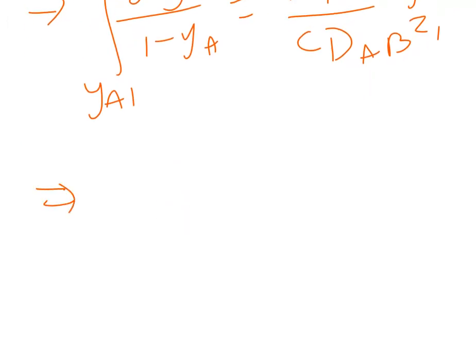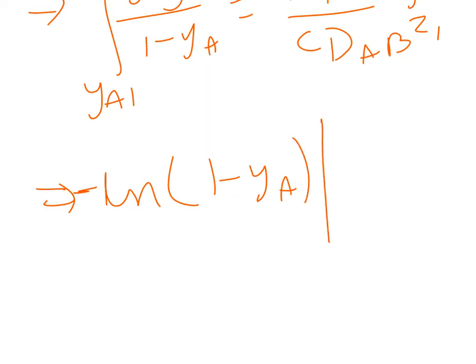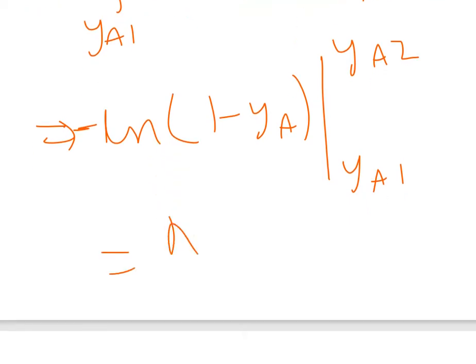That becomes ln, if you integrate this, ln of 1 minus YA from YA1 to YA2, and we have equal NAZ over C DAB.